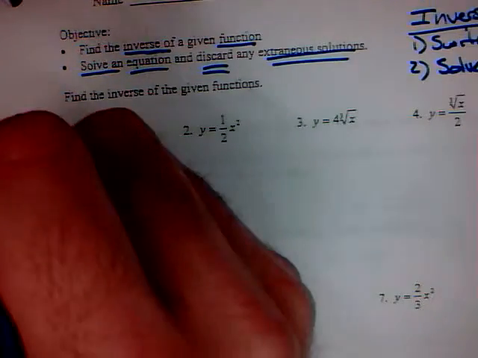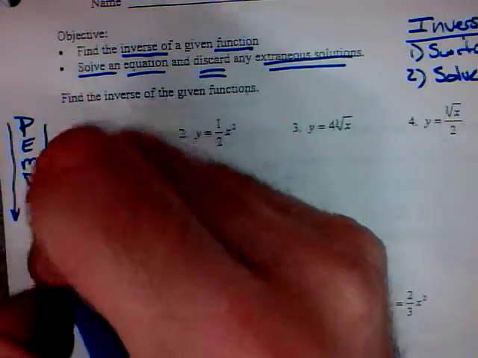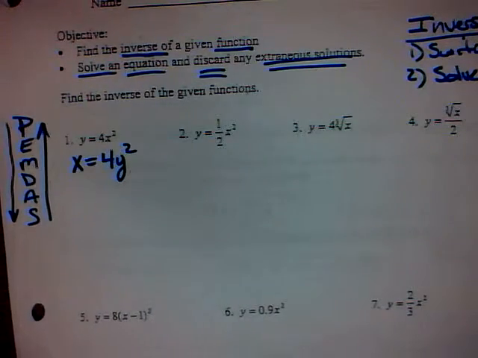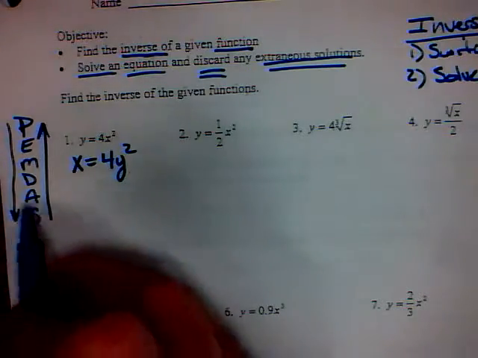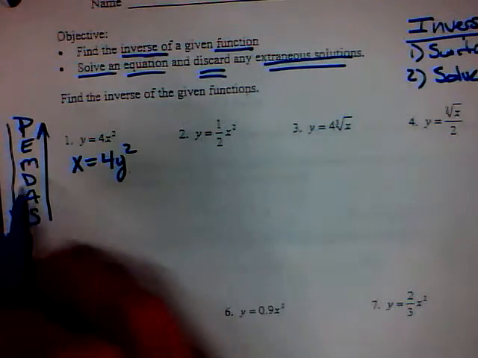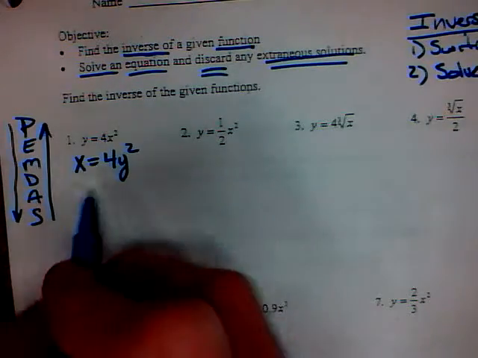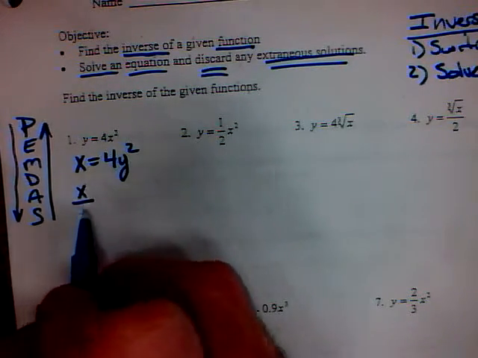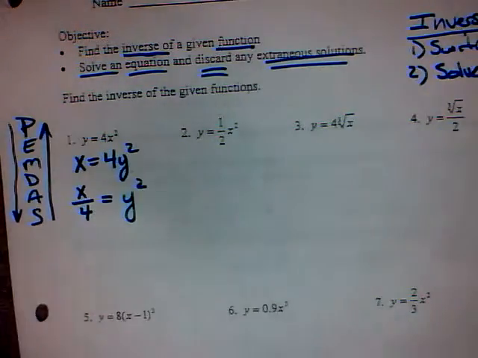And you normally work through it in this sequence, and to do the inverse, you're going to work in the reverse sequence. Okay? So we would have to get rid of any addition and subtraction first, which we don't have, then multiplication and division, which in this case we have multiplication by 4, so we're going to undo that by dividing. So we divide the other side by 4, and you're just left with y squared.